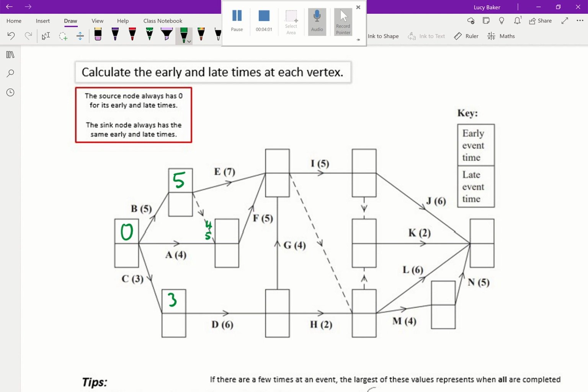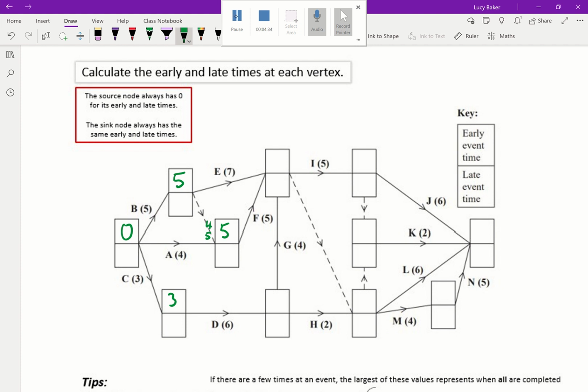We always pick the largest early time, in this case 5, because what we're saying is by the time we move off from this event, we need to have completed B and we need to have completed A. If we've put a time of 4, there's no way we could complete B as well as A within a time of 4. We need to complete B as well in order to move on to activity F. So that's why we pick the largest time in effect.